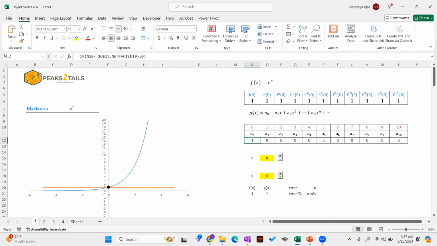So the first coefficient a0 would be f of 0 divided by 0 factorial. 0 factorial is 1. Second coefficient a1 would be f dash 0 by 1 factorial. Correct? The a2 coefficient is f double dash 0 divided by 2 factorial. That is what I've written.